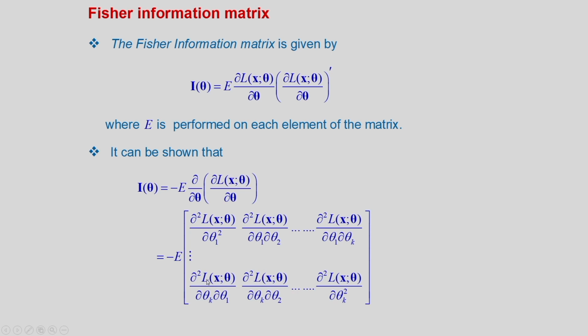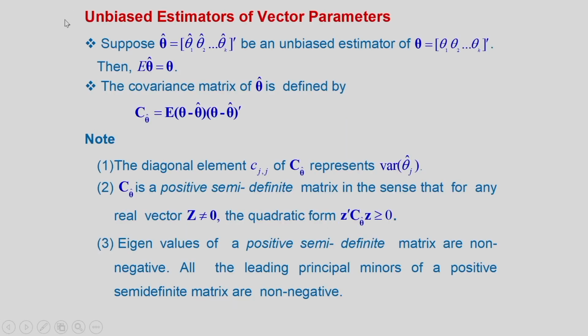The last row will be del 2 L del theta k del theta 1, del 2 L del theta k del theta 2, like that up to del 2 L del theta k square. So, this is the Fisher information matrix.